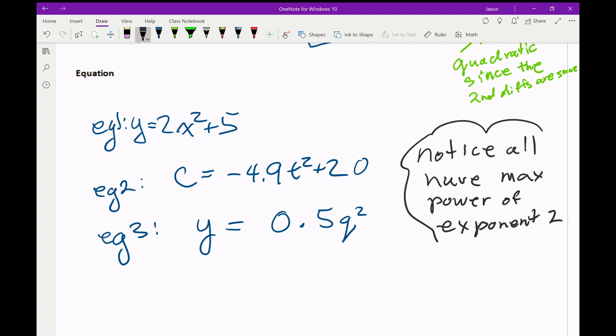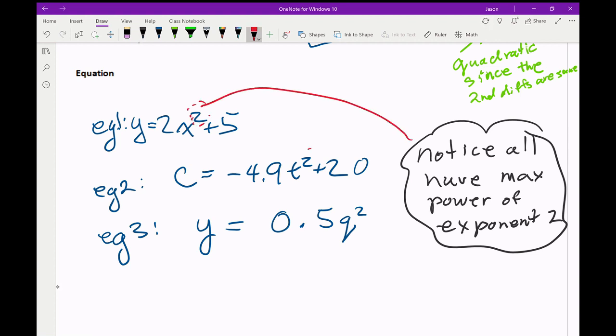Because they all have this maximum power of exponent 2 here, here, and here, all of these graphs look like points on our parabola here. So let me just show you for an example what these things look like.